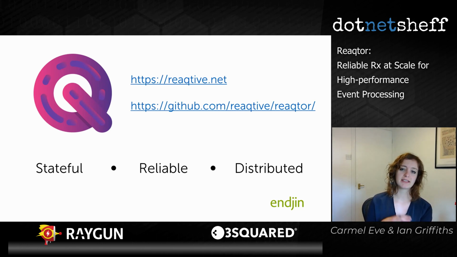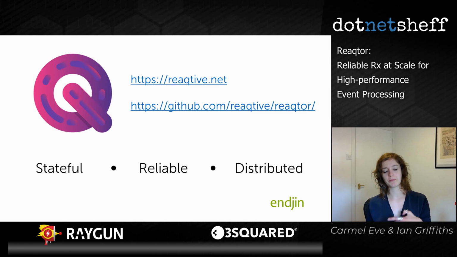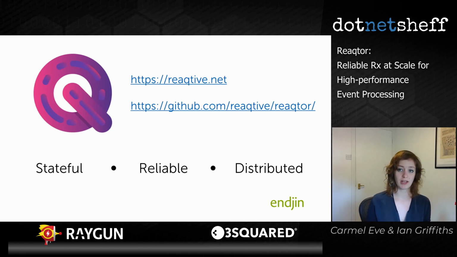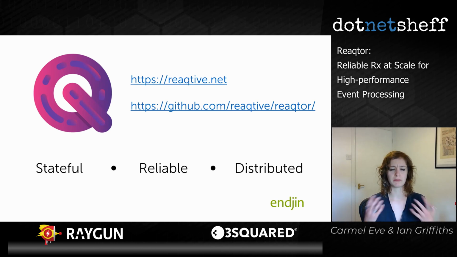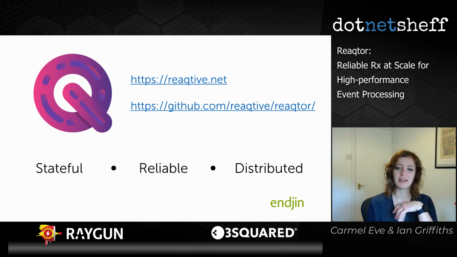And Reactor evolves that reactive model to allow you to do reliable and long-running queries using persistent storage. And these stateful queries can survive restarts, maintenance, unpredictable failures, and even complete machine migrations. So using that durability and reliability, you can run queries that can last for days, months, or even years.